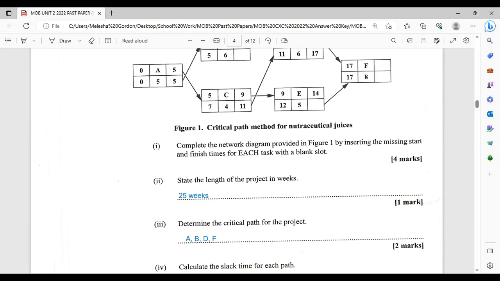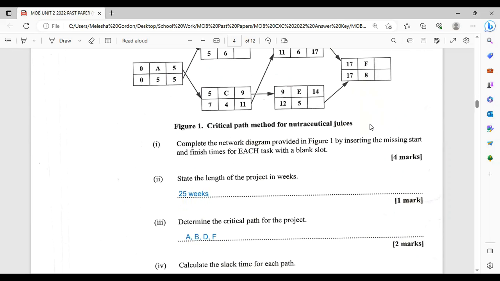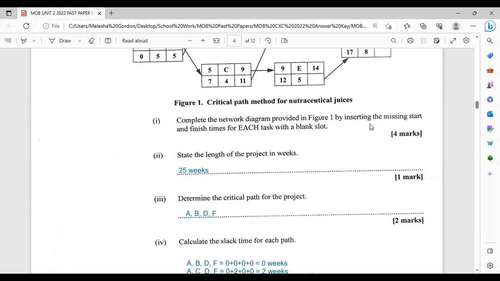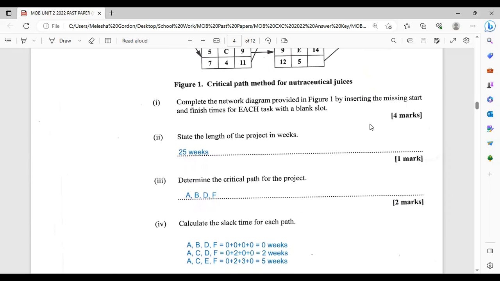The slack time, ABDF, that's equal to 0 weeks. ACDF, that is equal to 2 weeks. And ACEF, that's equal to 5 weeks.